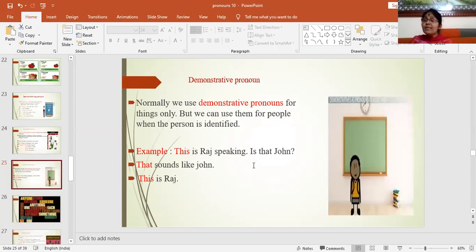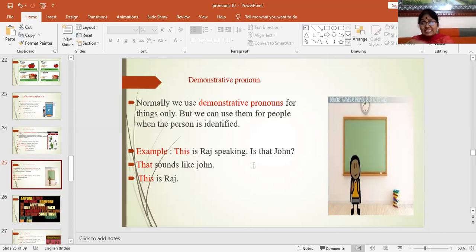Now, normally, we use demonstrative pronouns for things only, right? But we can use them for people when the person is identified. For example, this is Raj speaking. Is that John? That sounds like John.